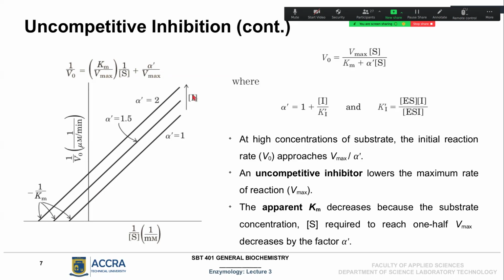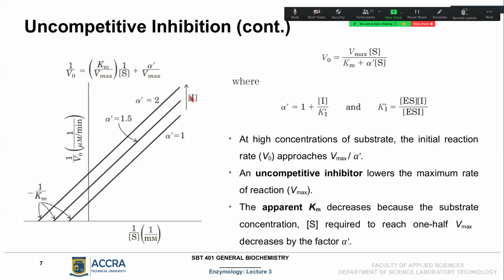And once you have an inhibitor binding to an allosteric site on an enzyme, even though you have more substrate in it, that effect of the inhibitor is still there, and thus the maximum rate of the reaction is reduced.